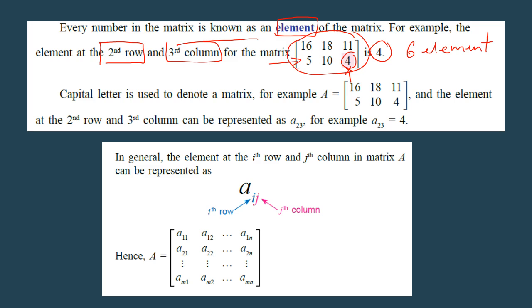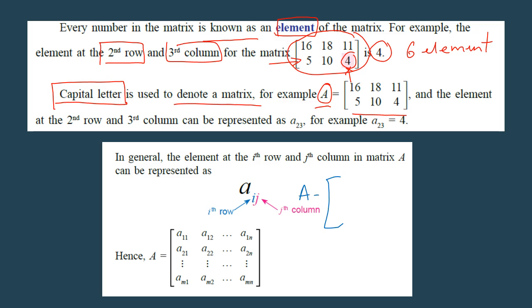And in a matrix, we use capital letter to denote a matrix. Let's say A equal this matrix. Yeah, this is the capital letter. And then the elements inside the matrix, we use a small letter.